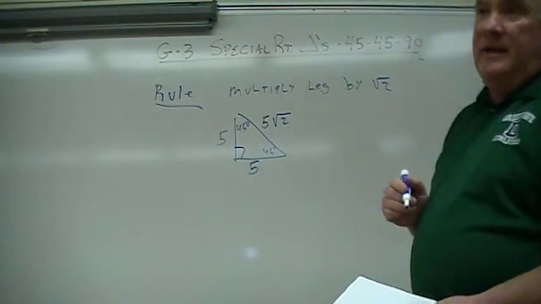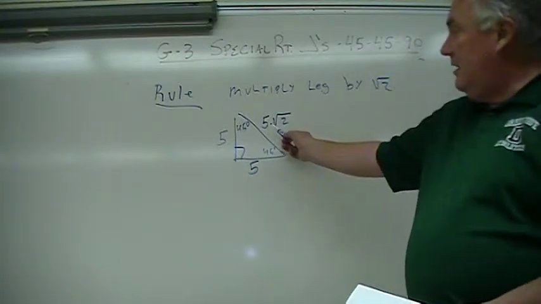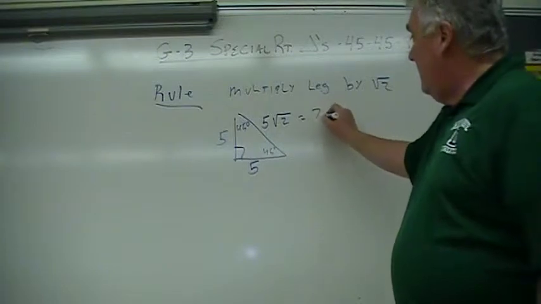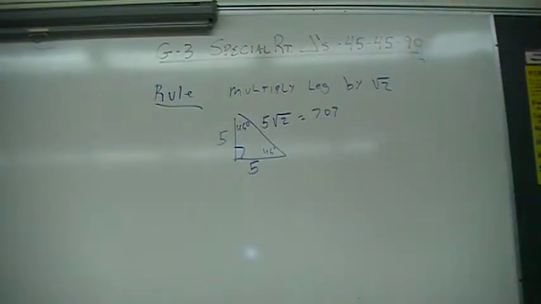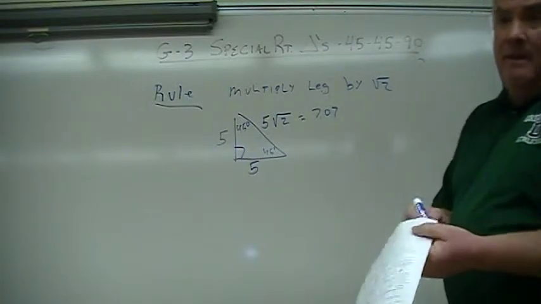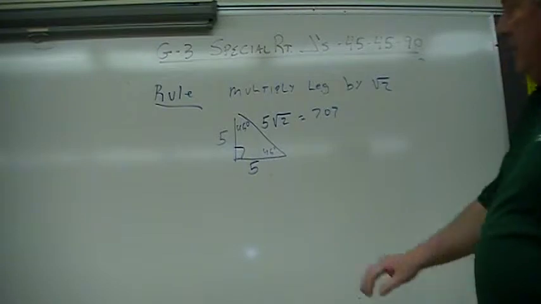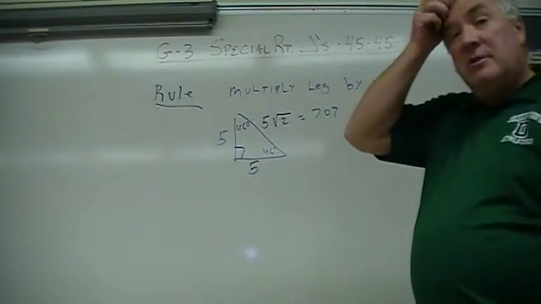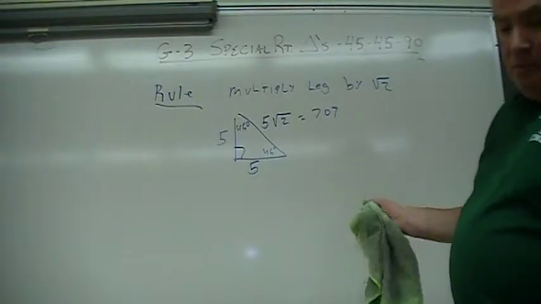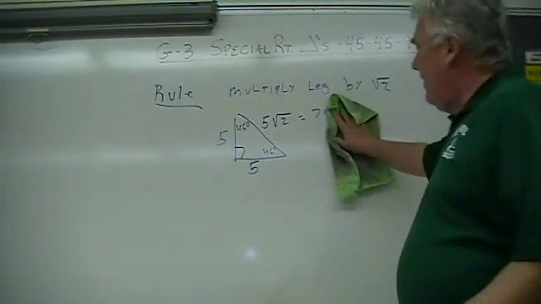If you were going to find the decimal of that, take your calculator, multiply 5 times the square root of 2, and you would get 7.07. So this is a lot shorter and a lot less math than having to do the Pythagorean theorem. And this is for the special right triangle 45, 45, 90. So this was example number 1.